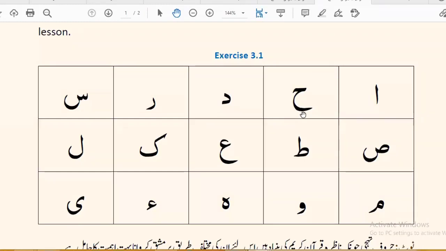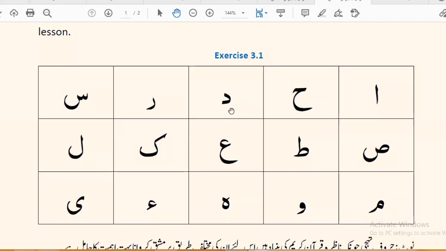Ha. Excellent, really good pronunciation. Next one. Da. Okay, this one is dal. Good, well done. It's a thin sounding letter, so we have to straighten our mouth with a smiling face and then say this letter.